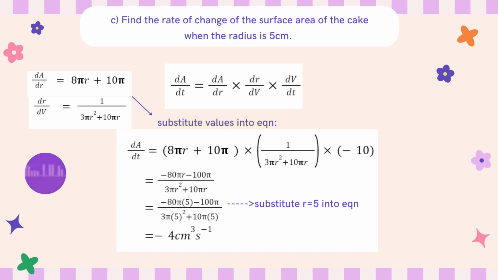At this point, we can now substitute the value of r, which is 5, that is given in the question, into the equation. So we get negative 80 pi times 5 minus 100 pi over 3 pi 5 squared plus 10 pi times 5. So the final answer of the rate of change of area of the cake is negative 4 centimeter cube per second.